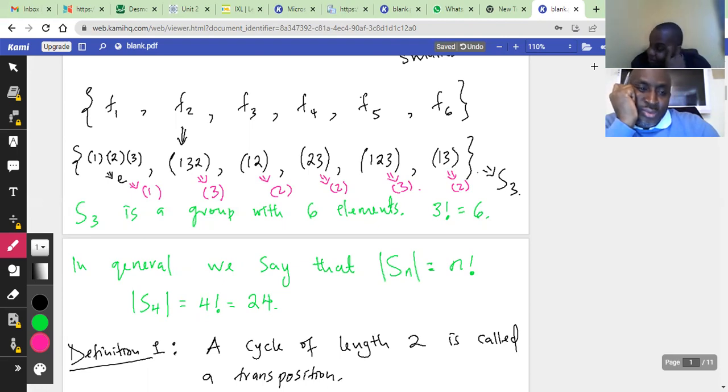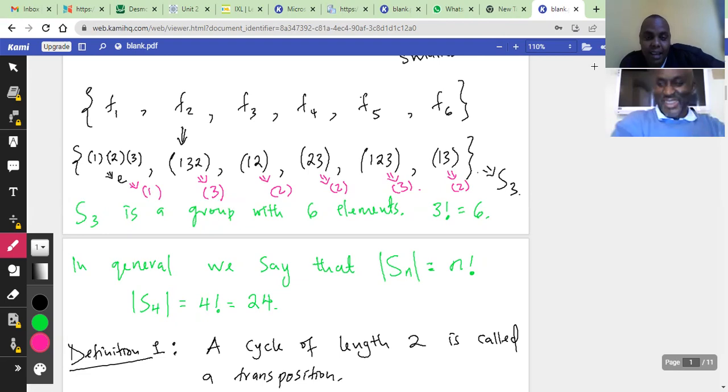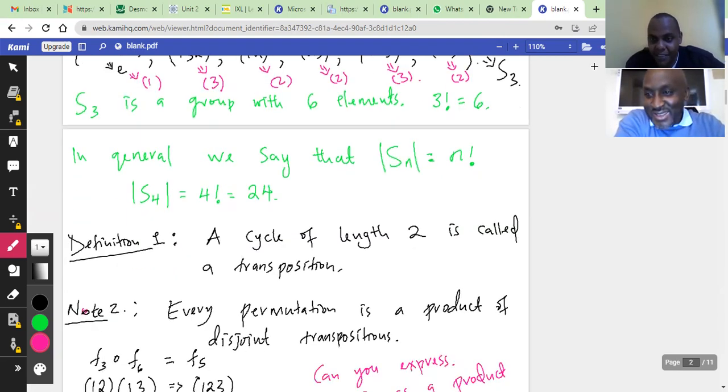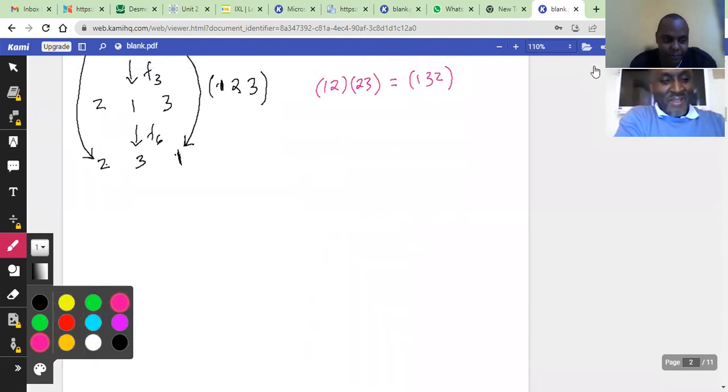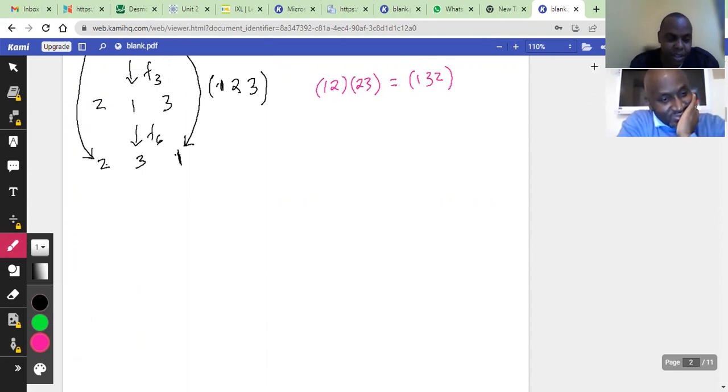Yes, that's a mathematical feeling that I got. That's an assumption, we need to prove it.